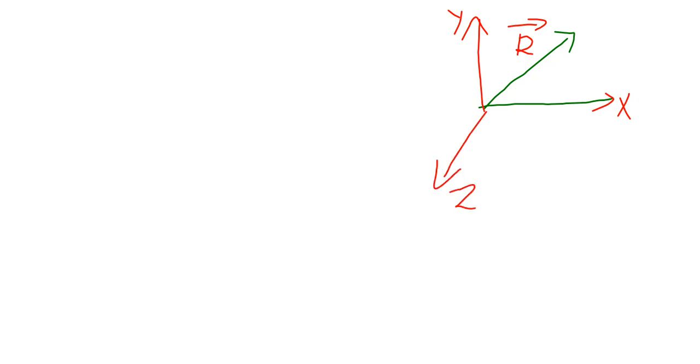So this vector r bar makes an angle of alpha with the x-axis, beta with the y-axis, gamma with the z-axis.